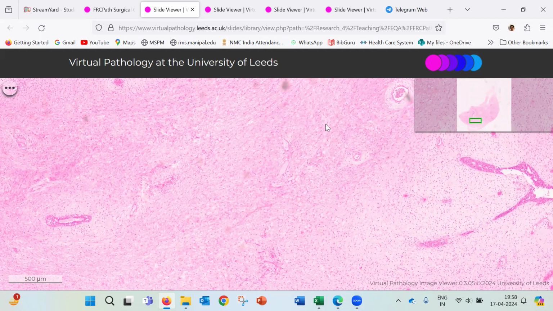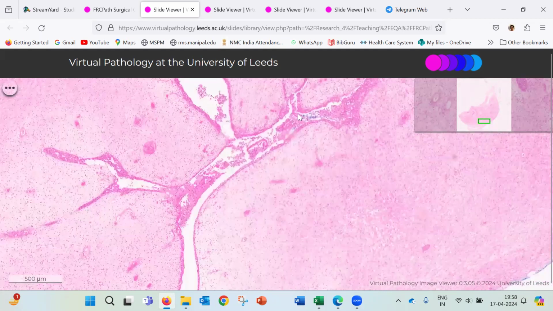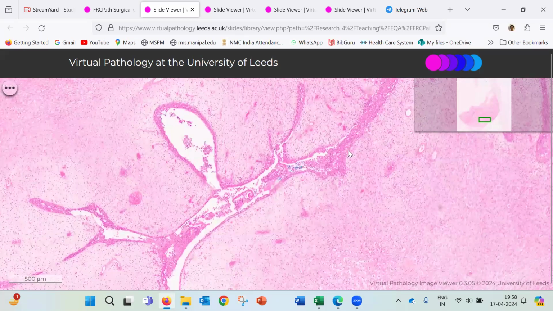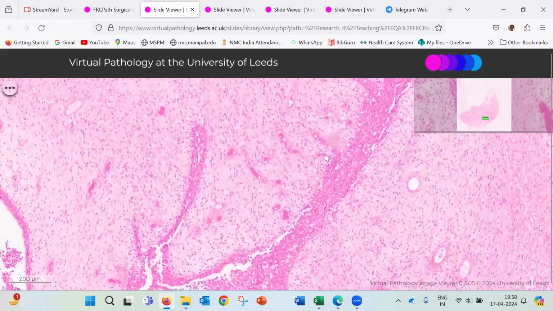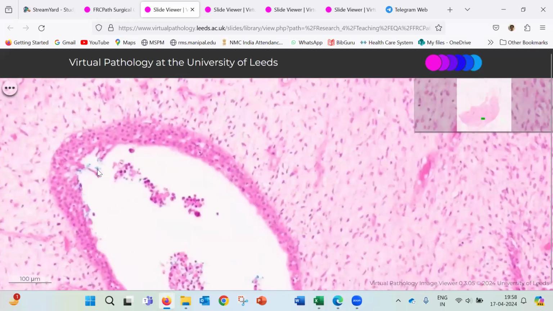And there is another thing, that the epithelial element is a bit hyperplastic. To me, it is a bit monotonous.